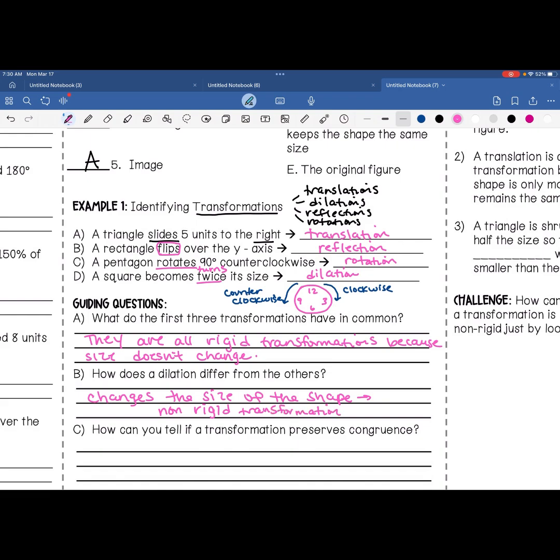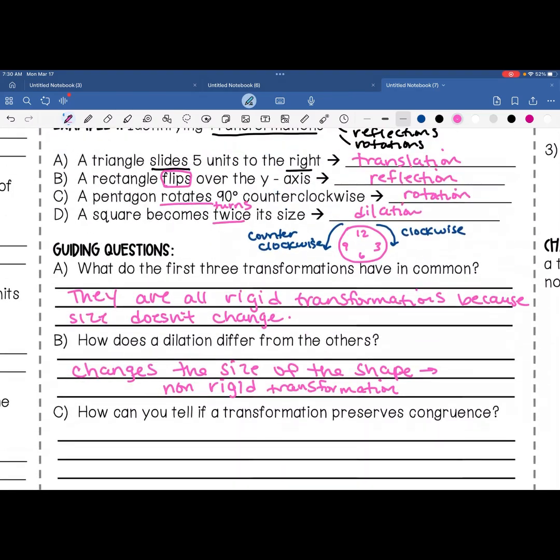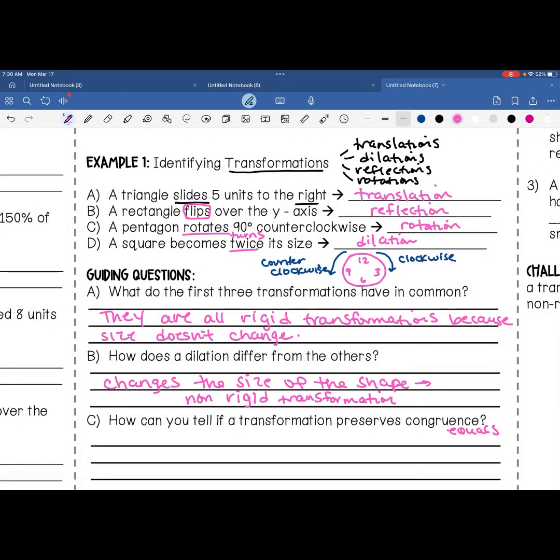And then how can you tell if a transformation preserves congruence? There's a lot of words in this, so let's talk about it. Preserves means to stay the same, right? Preserves means keeps it. Congruence means equals. So how can you tell if a transformation is going to keep the shape the same? It's basically if it's a rigid transformation. So now we know that translations, reflections, and rotations will not change the shape.